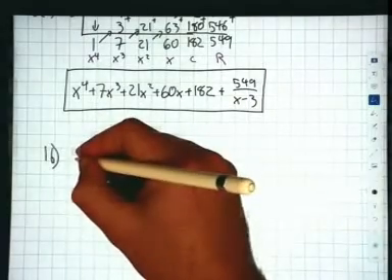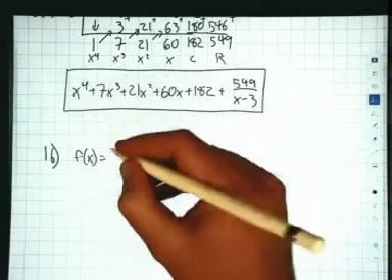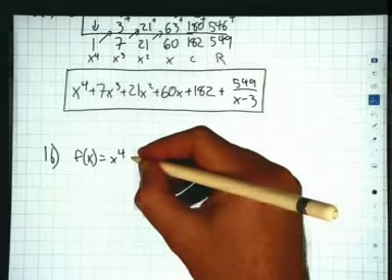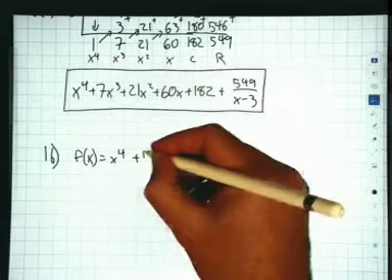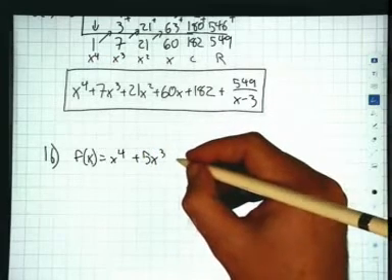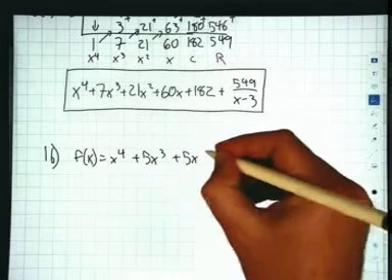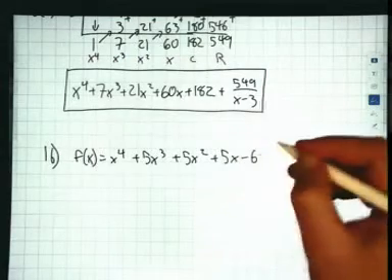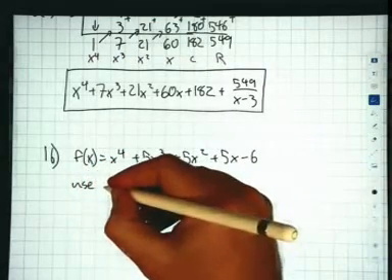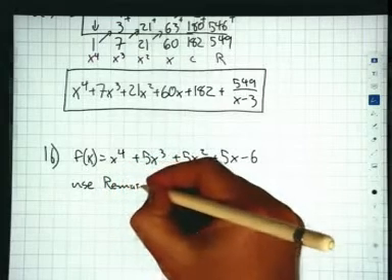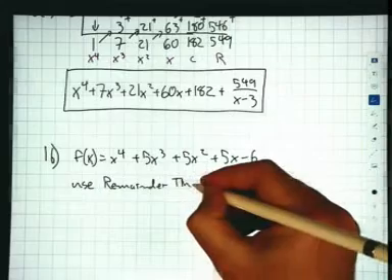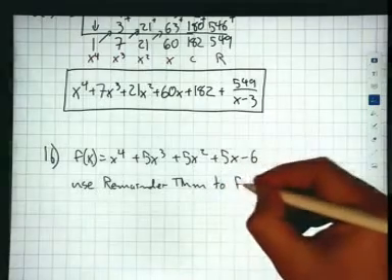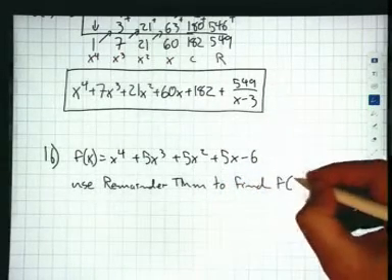So, we have the function f of x equals x to the 4th plus 5x to the 3rd plus 5x squared, and we want to use the remainder theorem to find f at 3.